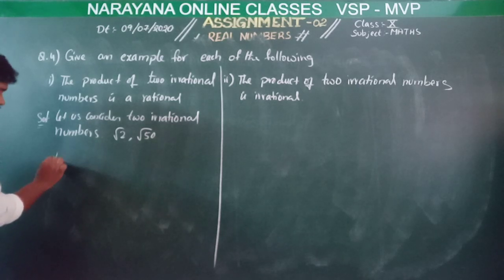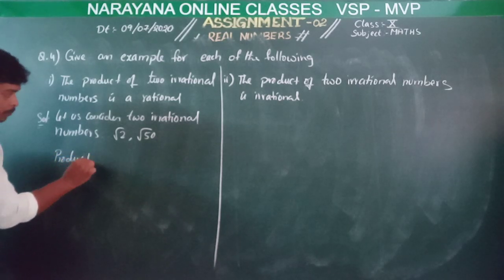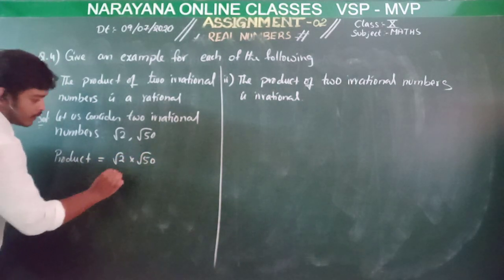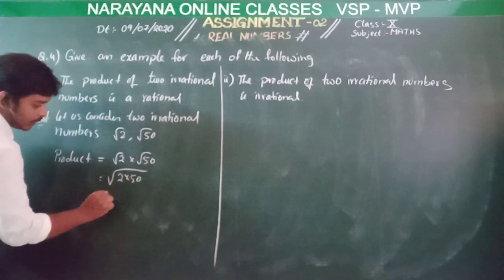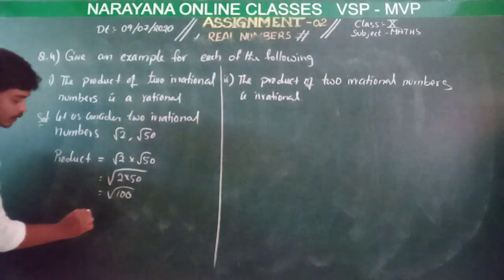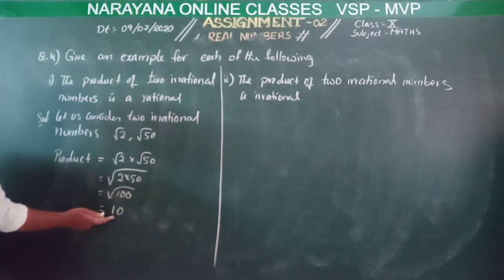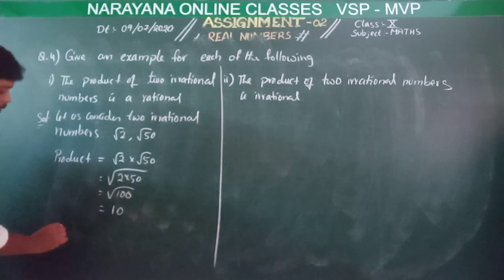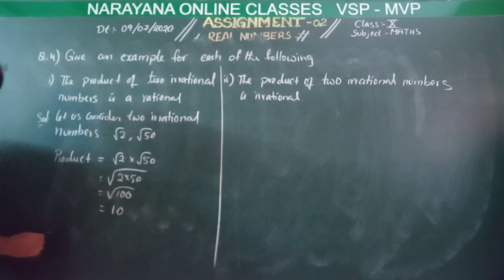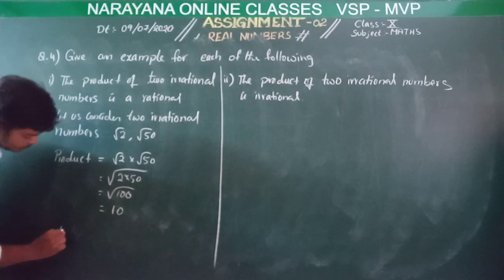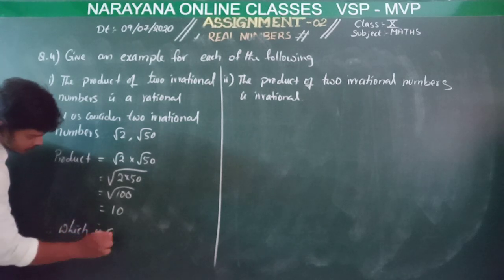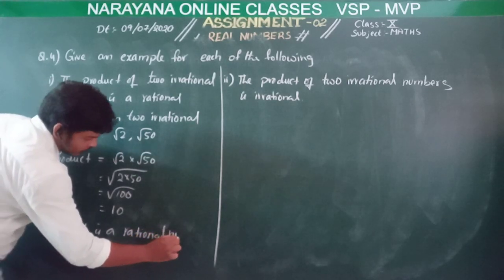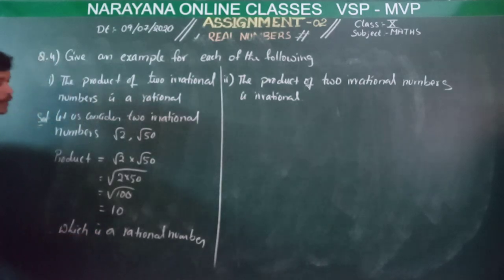The product, see children, root 2 into root 50, so we can write it as root over 2 into 50. Then root over 100. Root over 100 means 10. Now 10 is a rational number or irrational number? 10 is a rational number. Therefore, the product is a rational number.